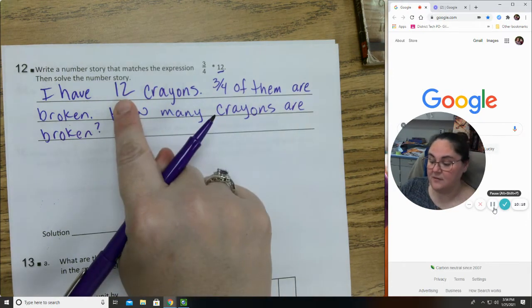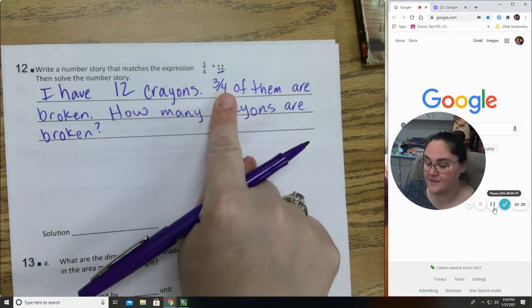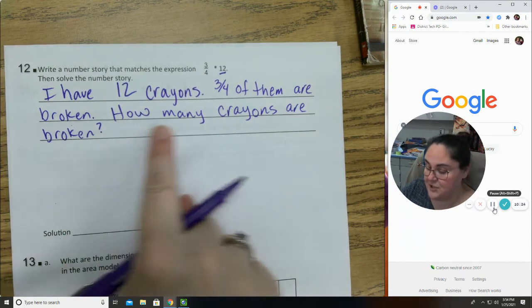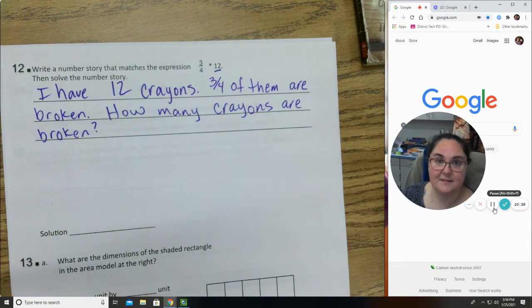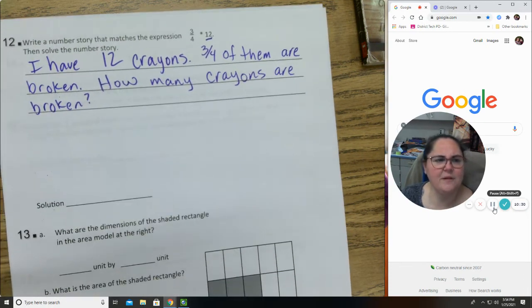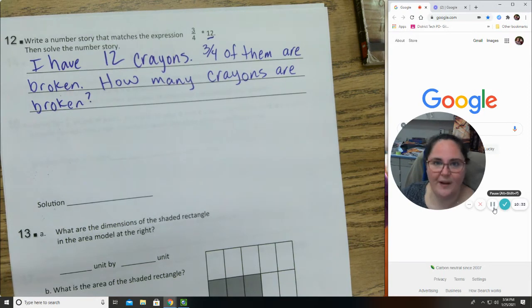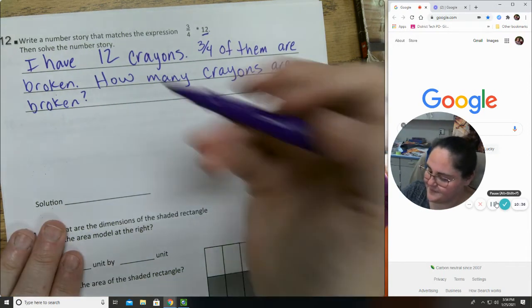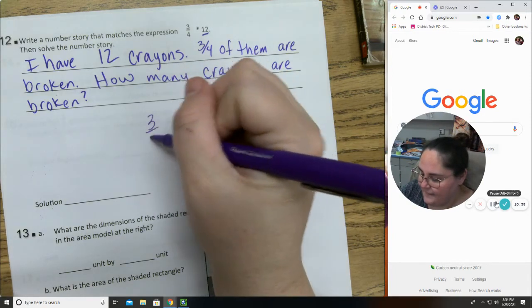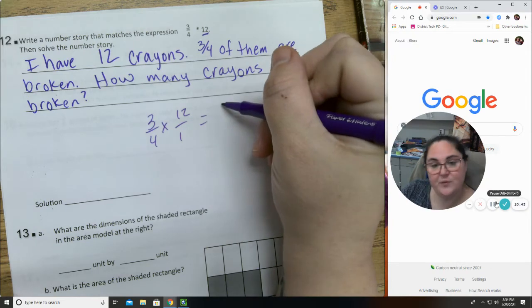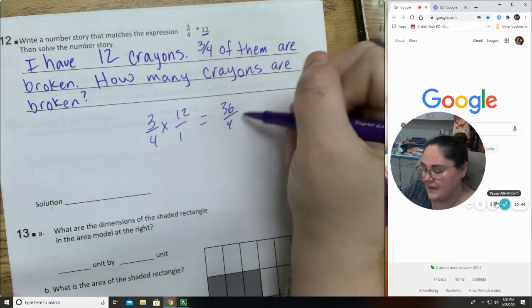Notice I have my 12. I told you 3/4 of those 12 are broken. I have my question, how many are broken? Now it's time to do my math, my solution. What is 3/4 times 12? Here we go. 3/4 times 12 over 1. 12 times 3 is 36 over 4.